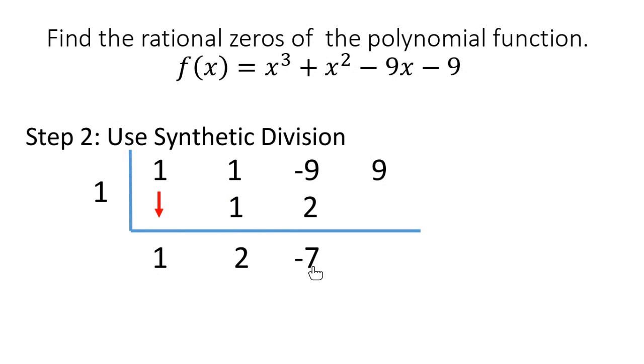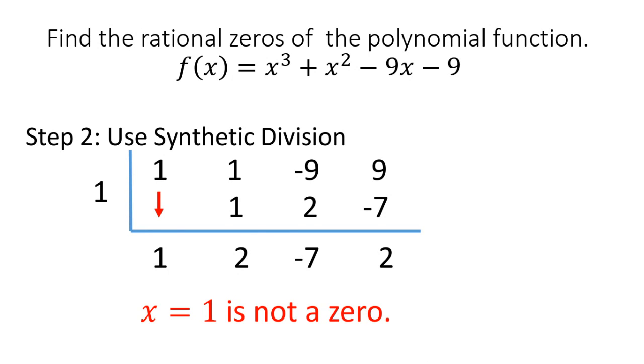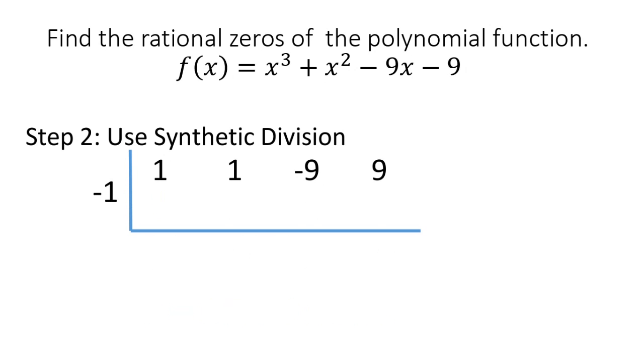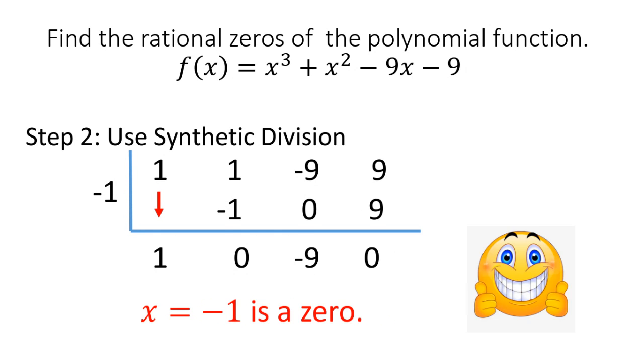Plus -9 is -7. And -9 plus -7 is a 2. So that didn't help, right? Because we need to have a 0 there. So x equals 1 is not a 0. Try -1. And so here we can see that we get 0 once we do the synthetic division. And so that's going to make us happy.